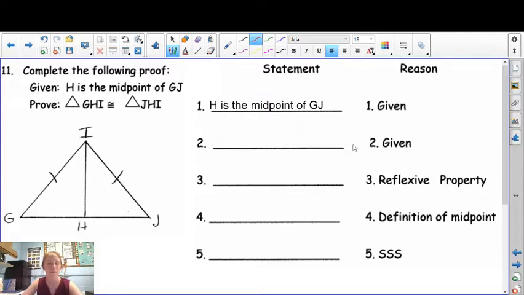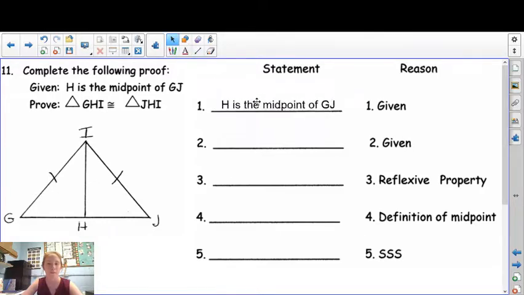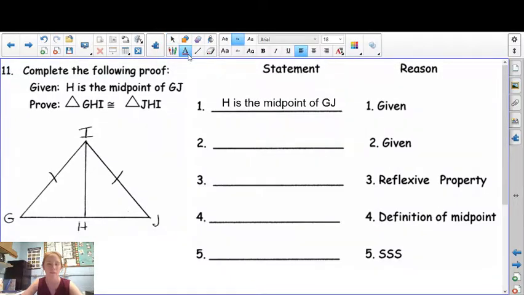But it says there's something else that's given. What other piece of information is already given? If I look, isn't it already marked up there? It's marked that I have two equal sides, but it's not written in my given, is it?